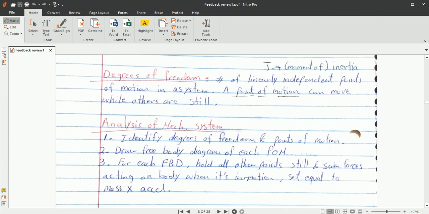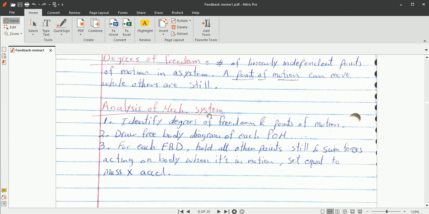Now, analysis of mechanical systems. We want to analyze the mechanical system. So identify the degrees of freedom, points of motion, and draw the free body diagram. What is a free body diagram? We will draw a diagram and mark the direction of the forces, whether the force is towards left or right or upward or downward.